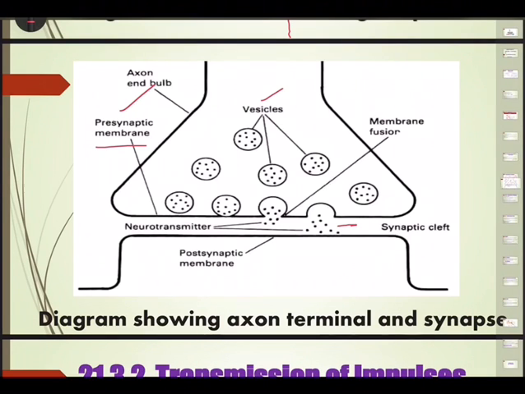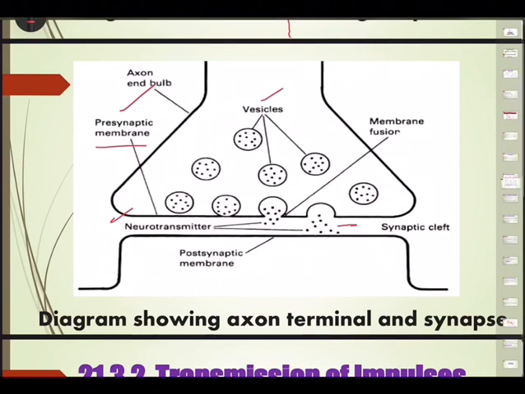Each vesicle contains a very important liquid called neurotransmitter. Look at this, neurotransmitters will be present, like we said, acetylcholine, a chemical substance.